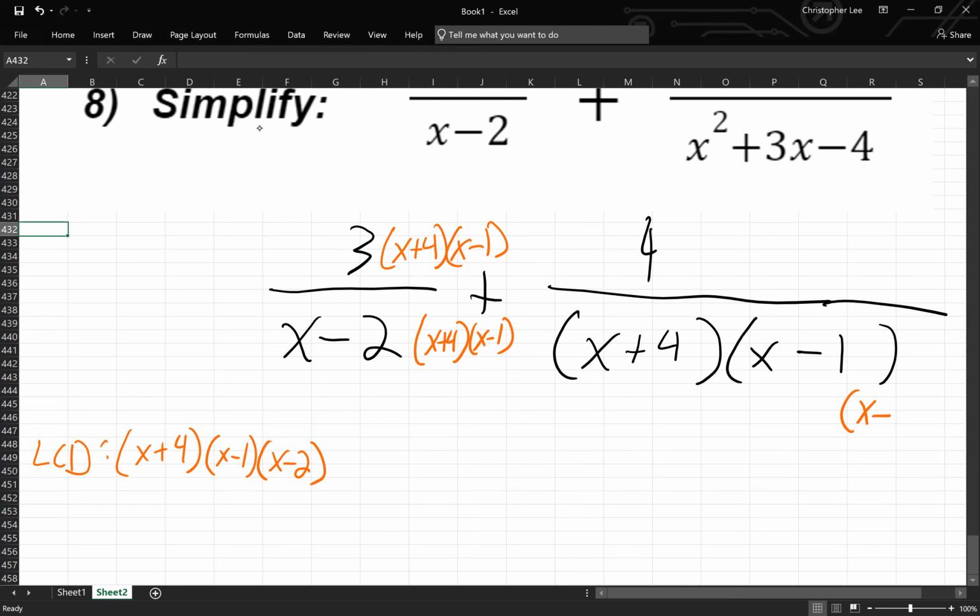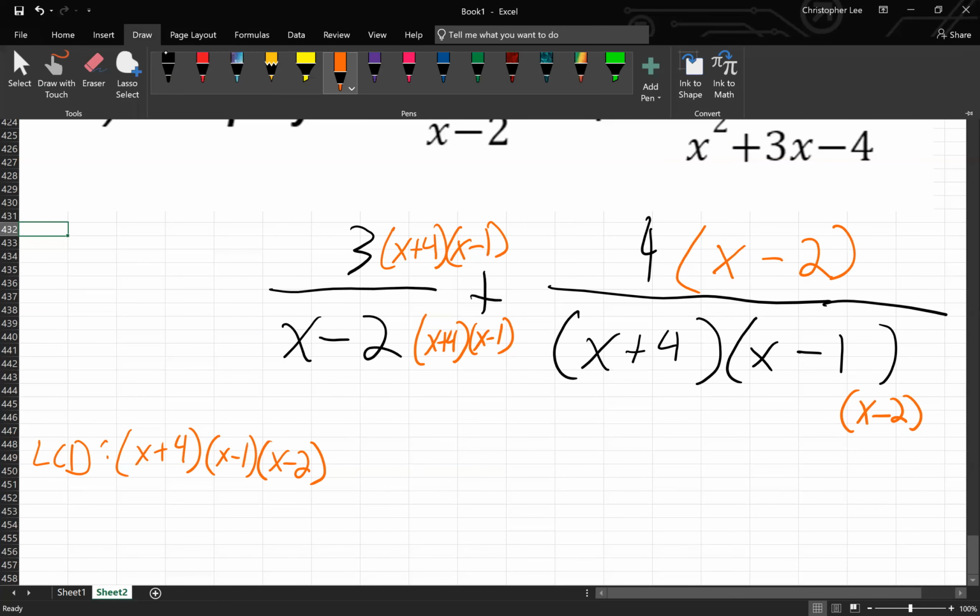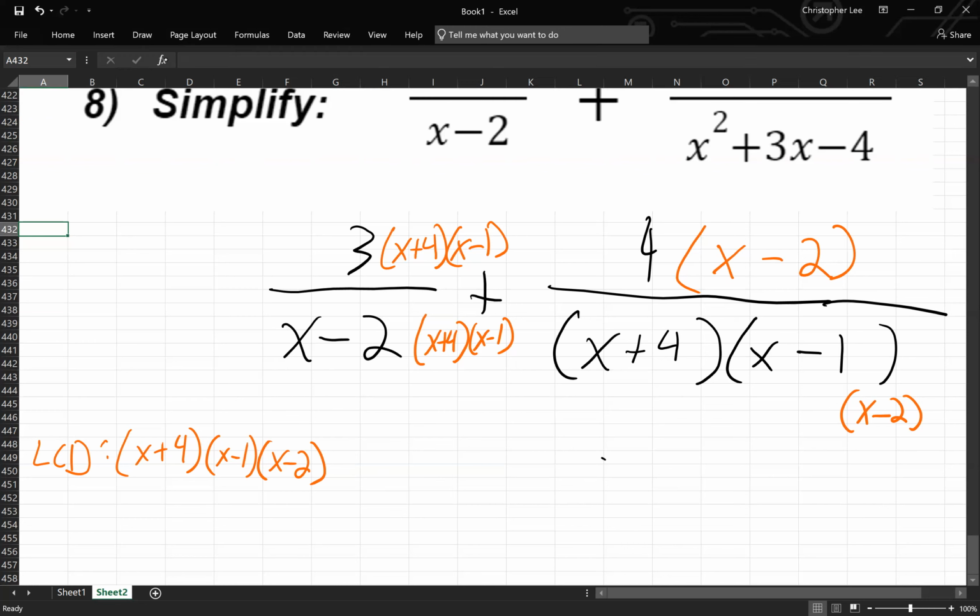It's going to be x minus 2, or what you do to the bottom, you do to the top. All right, after we do that, distribute, combine like terms, all that good stuff. Let's see what we get, all right?